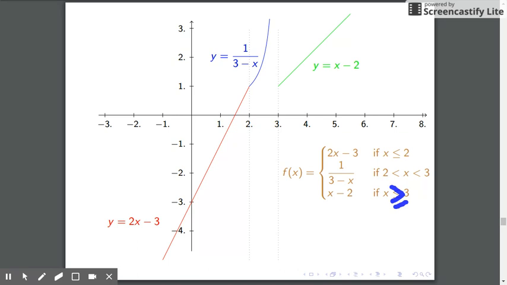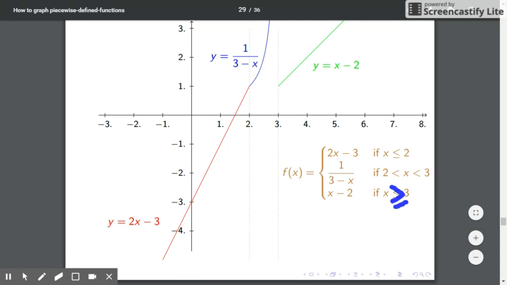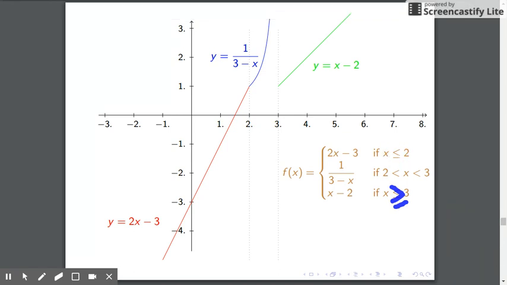So what do we do? First, we put a filled circle for x equal to 2, and the y value we plug in here. So we plug in 2 times 2 minus 3, and that would be 1. It should be right here.